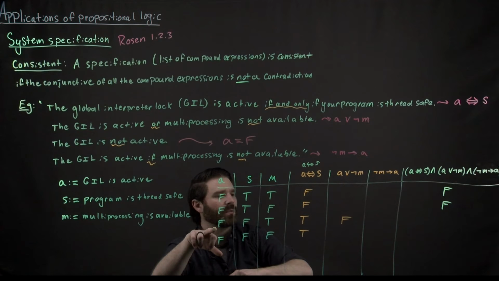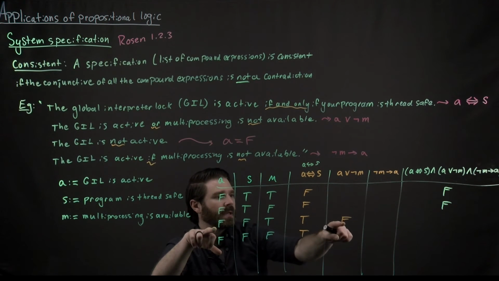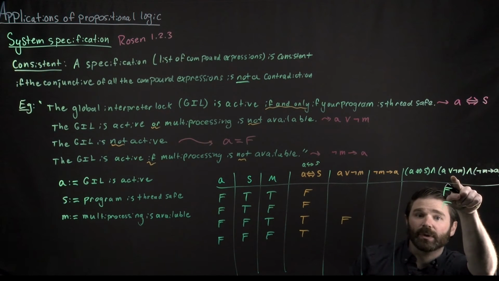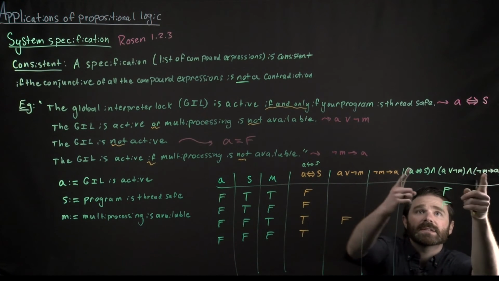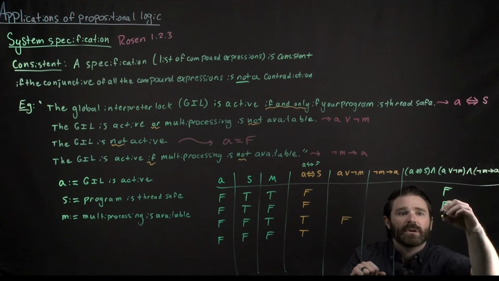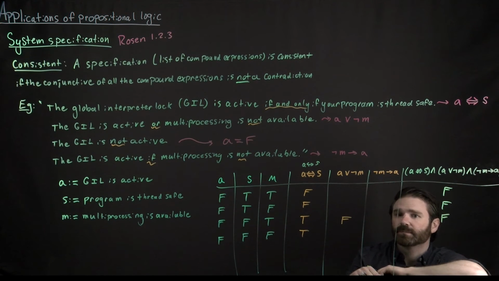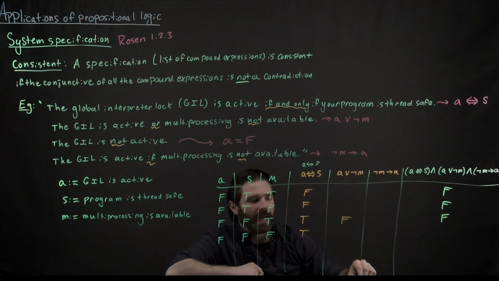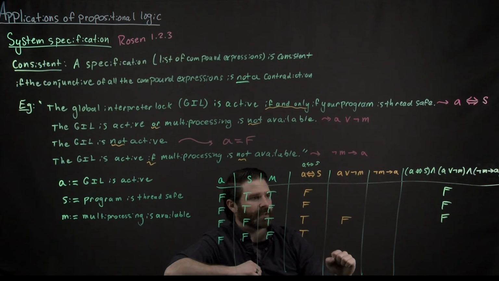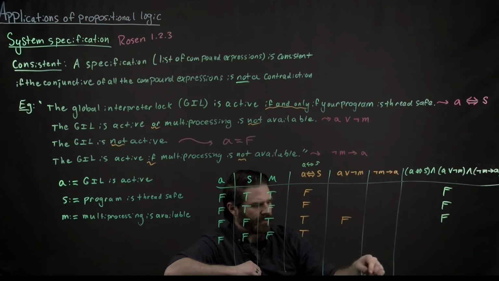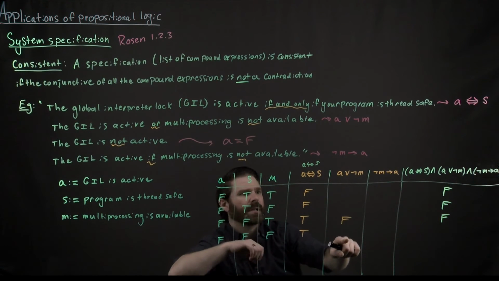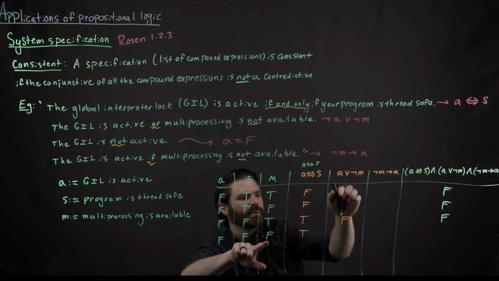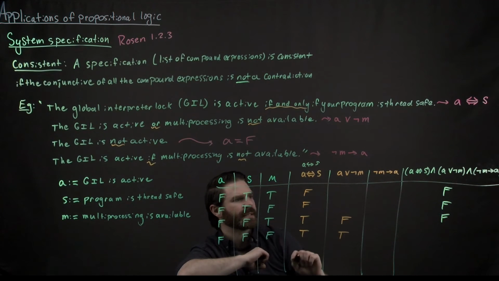So once again, since that particular part of this compound expression is false, this whole big conjunction is also going to be false. And let's go ahead and do the rest of it. If I do this one, well, I have false or true. Dang it, that's true, so that doesn't help me over here.